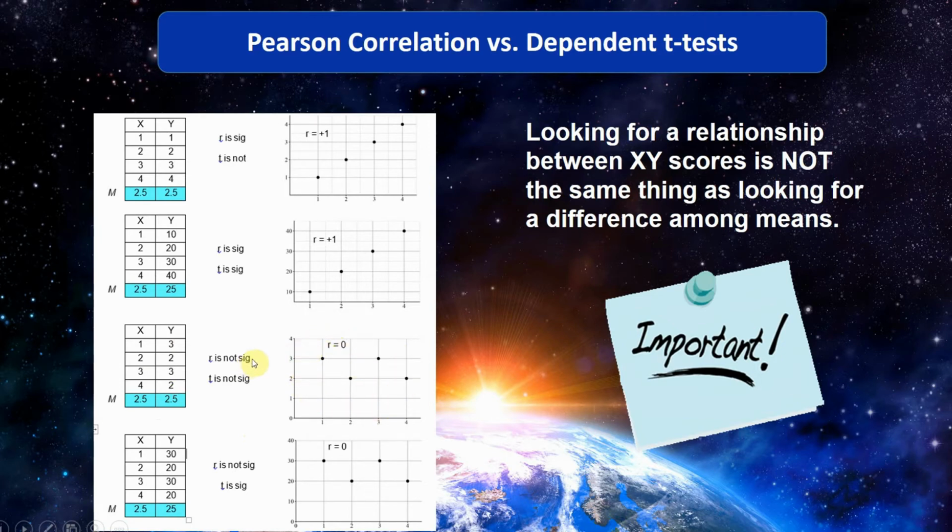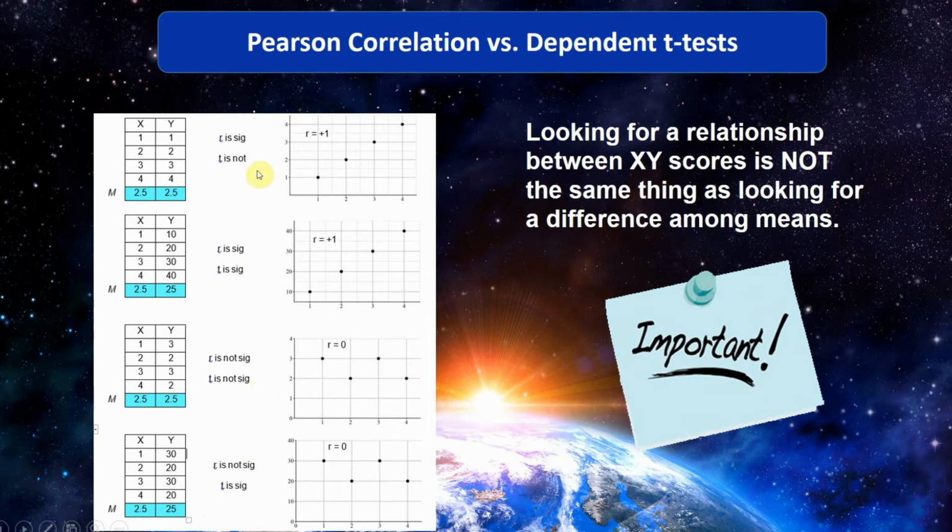So the correlation would not be significant. And then finally, if we compared these two means, we would say, hey, look, it's quite likely that we'll get a significant T value. The means are very, very different. So T might be significant. And if we plotted the XY pairs, we would again see that the correlation is not significant.